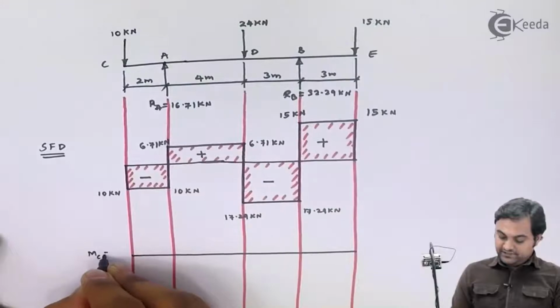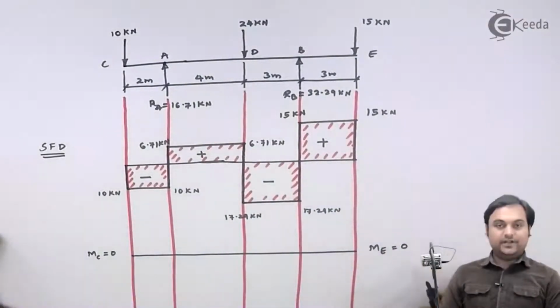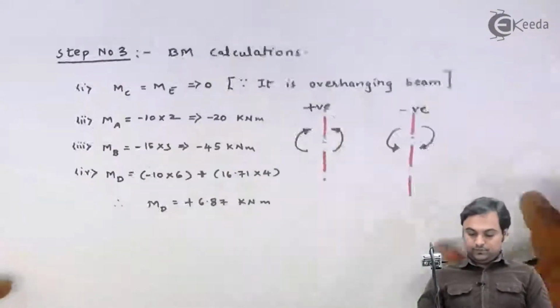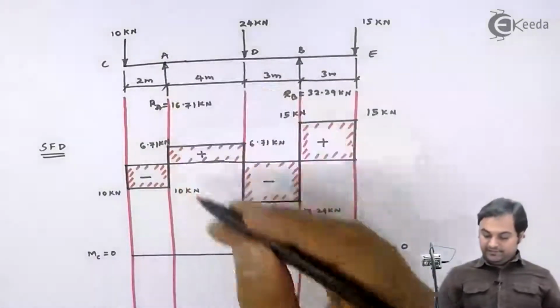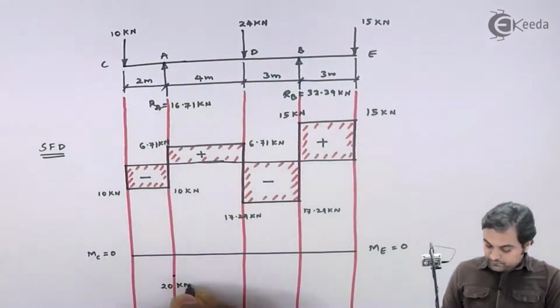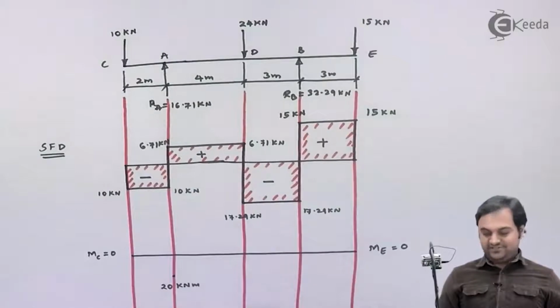So moment at C is 0. Moment at E is equal to 0 because they are overhanging beam. Now moment at A is minus 20. So moment at A would be in the downward direction, 20 kilonewton meter. I will write the sign afterwards.